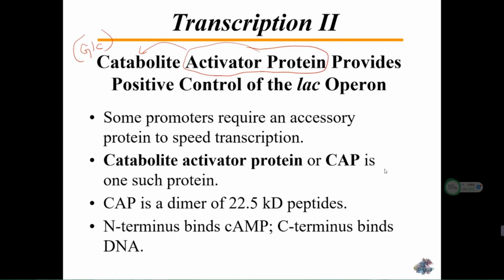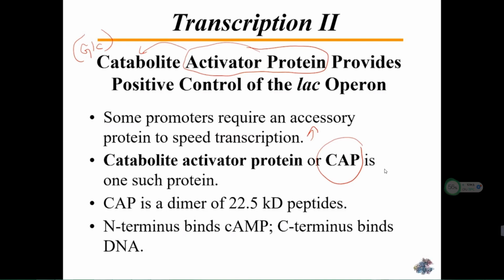And this catabolite activator protein, or CAP as it's often called, will facilitate or increase the efficiency of transcription of the lac operon. Okay, the CAP, catabolite activator protein, and we'll use the acronym CAP from this point forward, is a dimeric structure. Again, here is that common theme that's occurring for DNA binding proteins.